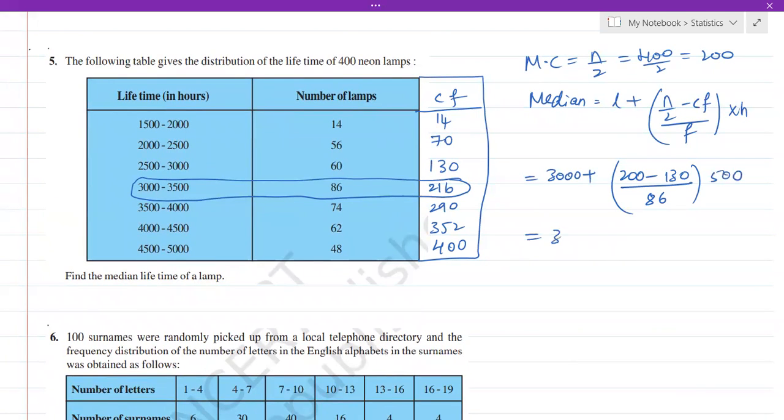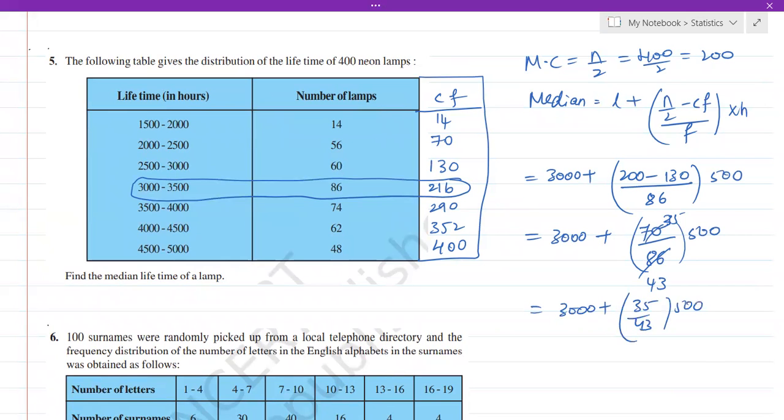Okay, so it becomes 3000 plus 200 minus 130 is 70 by 86 into 500. So let's try to cancel. 2 4s are 8, 2 3s are 6, 2 35s are 70. Okay, so it becomes 3000 plus 35 by 43 into 500.